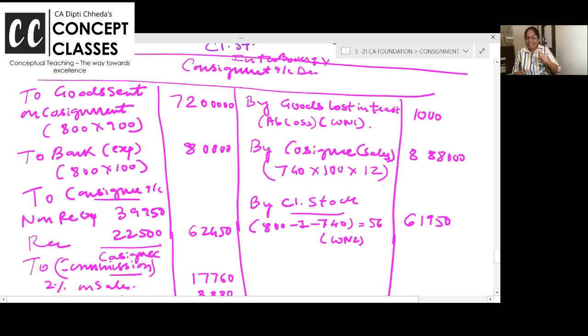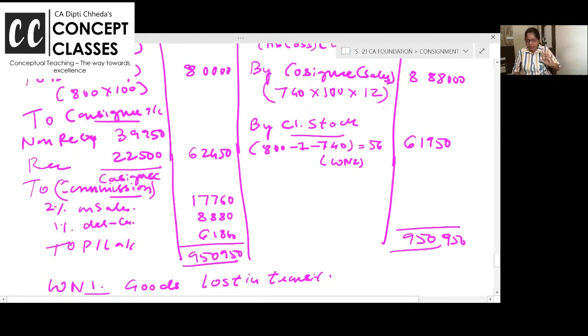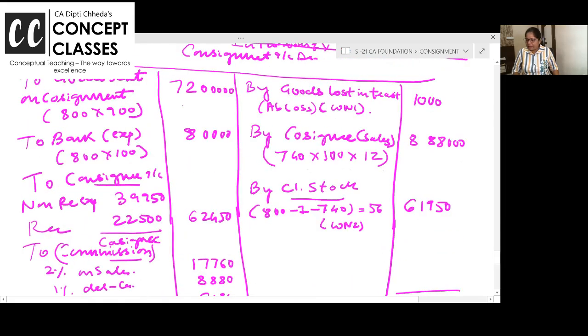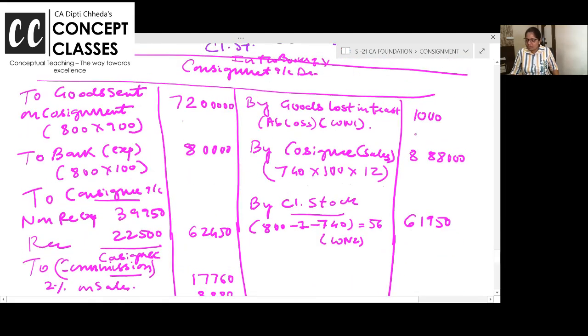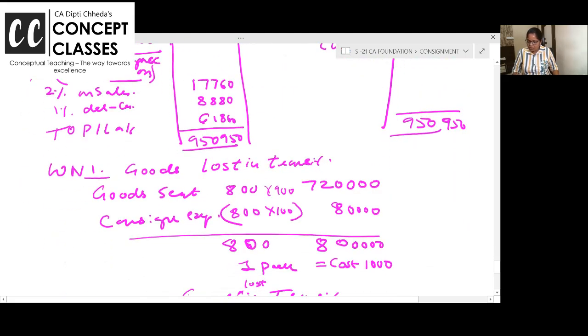Okay. Consignment account debit goods sent to consignee, consignor's expenses. Then consignee's expenses, all recurring, non-recurring, all. Then commission on sales and del credere. This side, if goods are lost in transit, consignment sales, and closing stock is 59 units. Chalo.